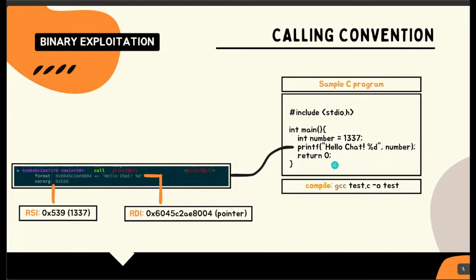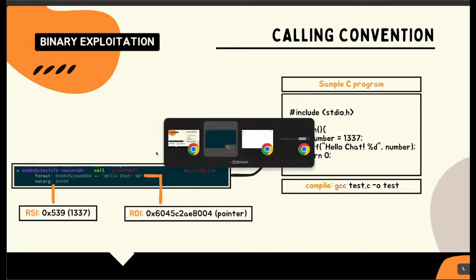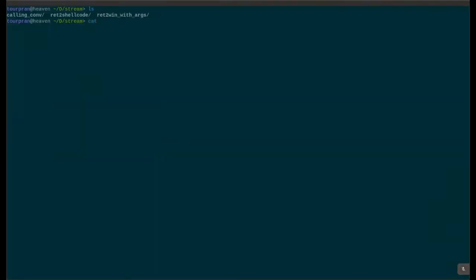If you compile this program with GCC and run it, it should technically say hello chat 1337. What basically is calling convention? As the name suggests, we will just see what happens during a specific call, or in this specific case, the call of printf at PLT.